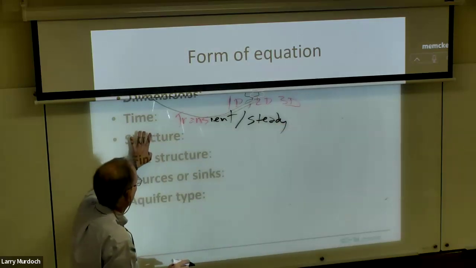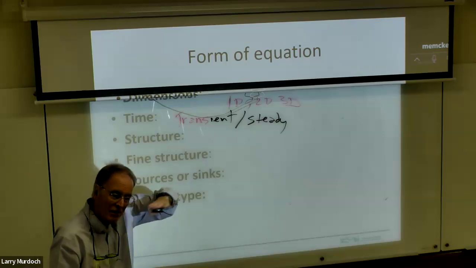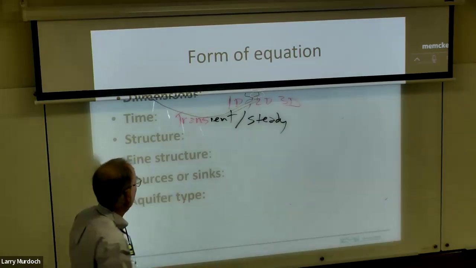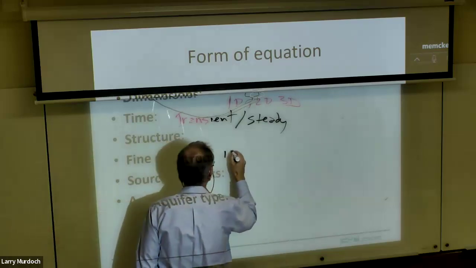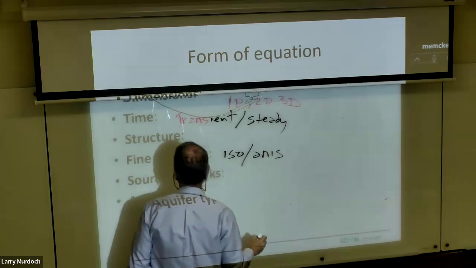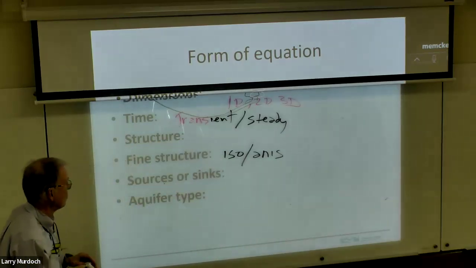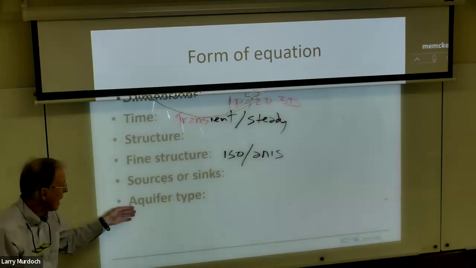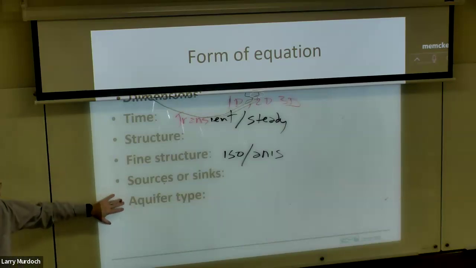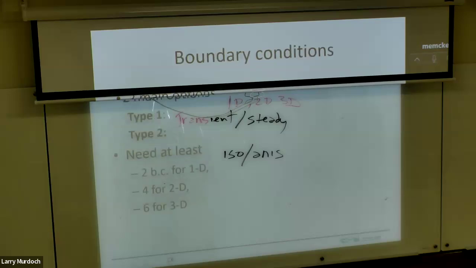Structure, is it homogeneous or heterogeneous? The fine structure, that's this fine layering. And this would be whether it's isotropic or anisotropic. And then sources or sinks, recharge would be a type of source, or wells. And then aquifer types, this is confined and unconfined. So we're going to come up with those different aspects.